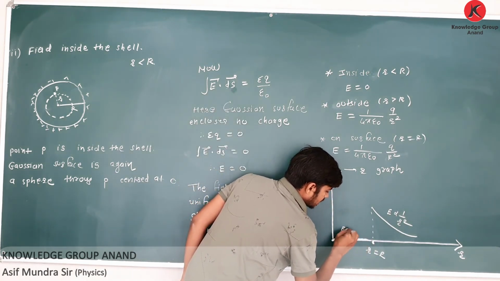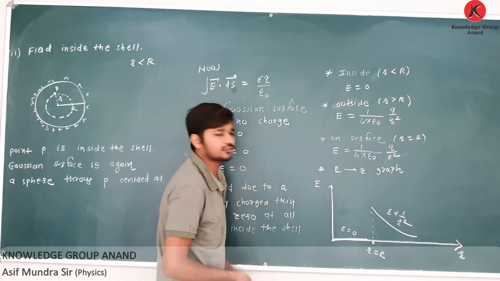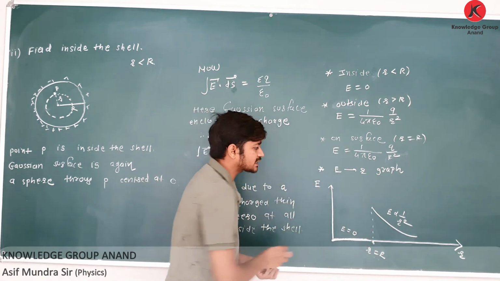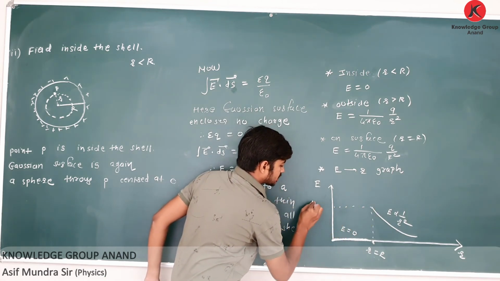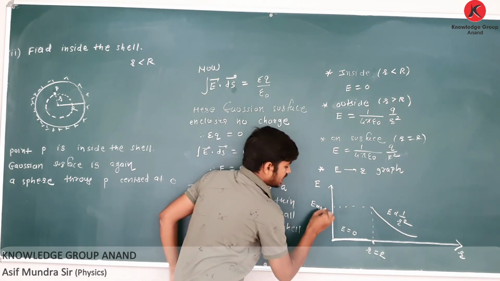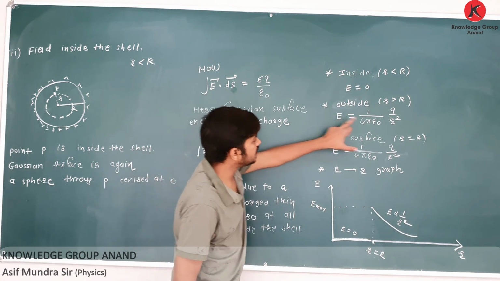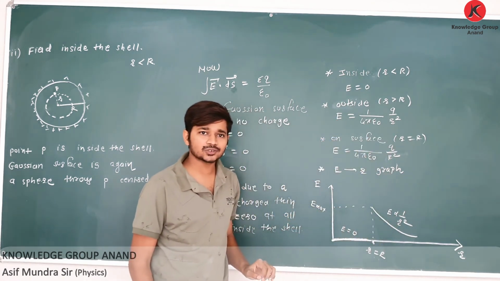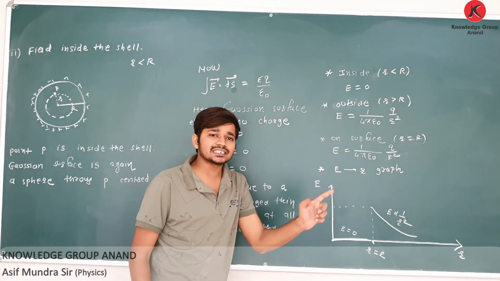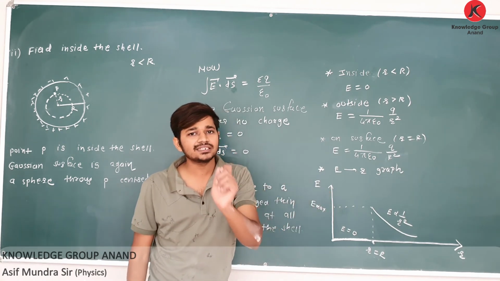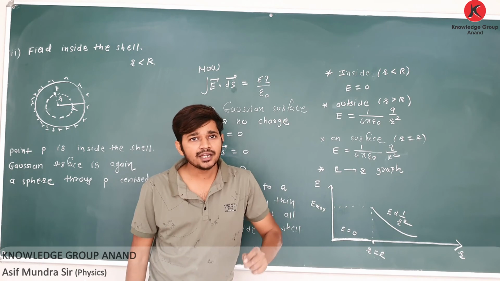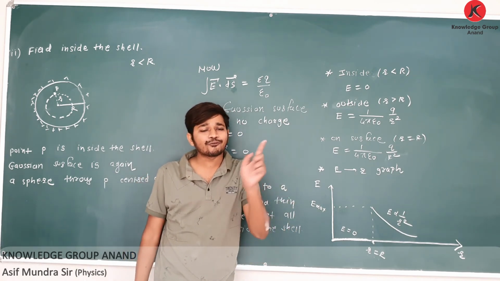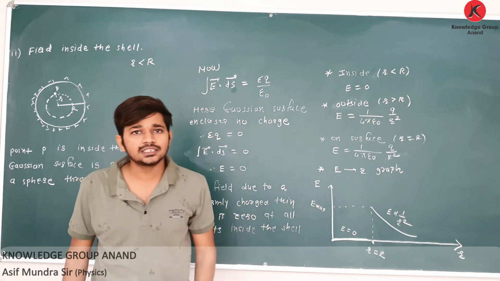On surface, when r is equal to R, it is maximum. And outside, E is proportional to 1 upon r square. As distance increases, electric field decreases. So it is the variation of electric field with distance.